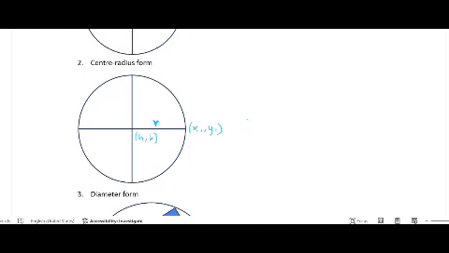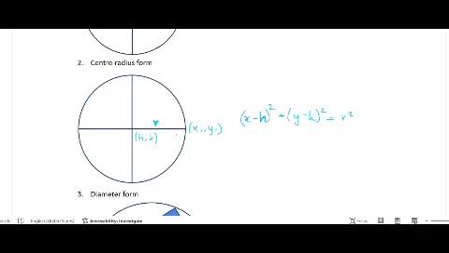So what will be the center radius form? In center radius form, you will be writing x minus h, that means an unknown variable minus the x coordinate of your center, the whole square, plus y minus k, the whole square, is equal to r square. Okay, now you might think of this as the distance formula basically.